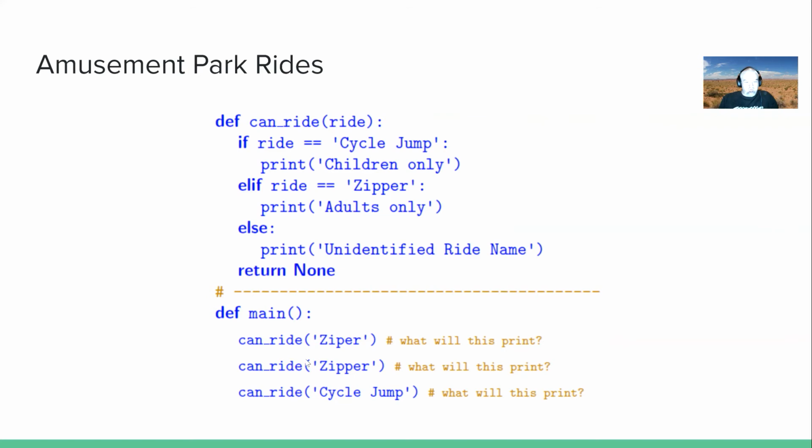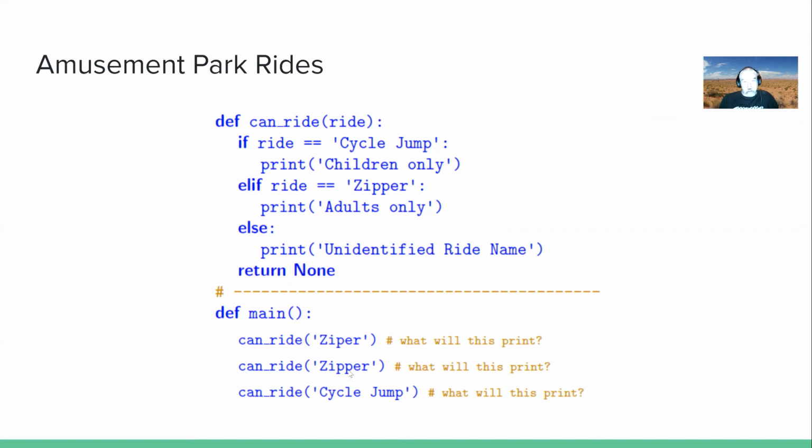So if we look at this in our main, if we have canRide Zipper with 1p, what do you think this will print out? If your answer was unidentified ride name, that is correct, because Zipper with 1p is not equal to this, is not equal to that, and so it falls into the else bucket, the default option, and it'll print unidentified ride name.